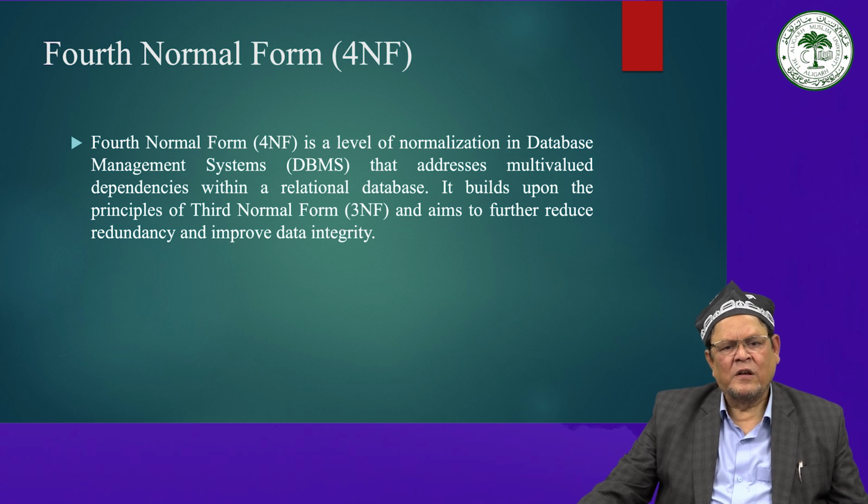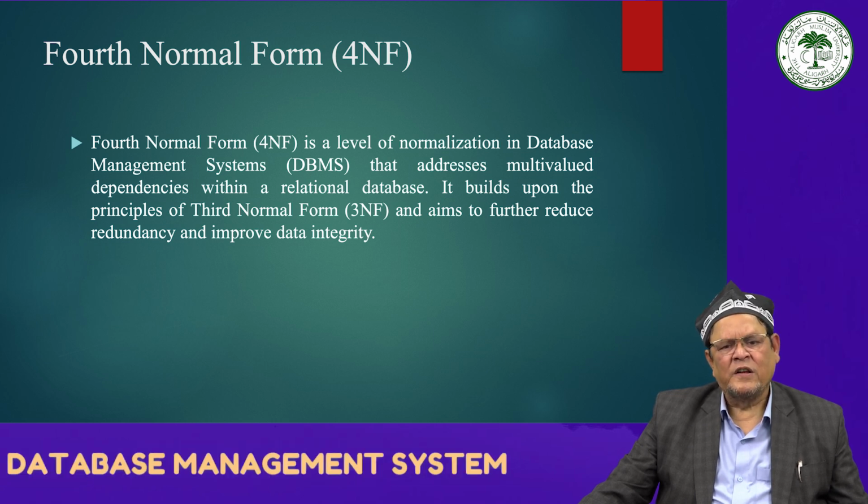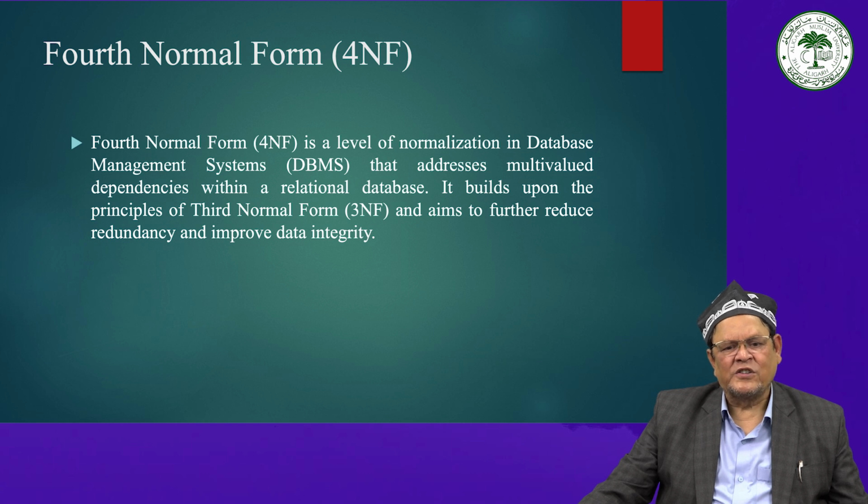Multi-valued dependencies occur when the presence of one or more rows in the table implies the existence of multiple values. 4NF aims to eliminate such dependencies to avoid certain anomalies that can arise during data manipulation. Achieving fourth normal form may require further decomposition of a table to remove multi-valued dependencies. This decomposition involves splitting the table into multiple tables, each representing a distinct entity or relationship, and ensuring that each table adheres to the 4NF requirements.